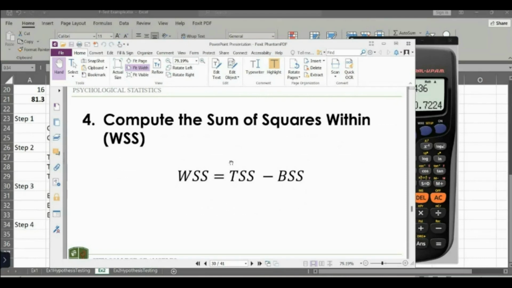Sum of squares within. It's just the difference between the total sum of squares and between sum of squares. Okay? The step number 2 and step number 3.